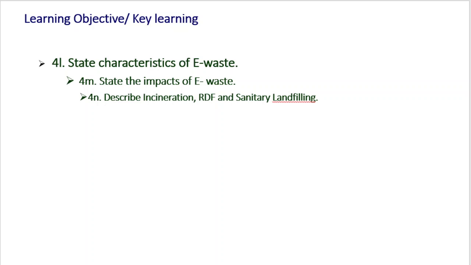Impact in the sense means how e-waste is impacting our environment and our ecosystem, and how the bad effects arise because of e-waste. We are going to see this in this lecture. And the next one is to describe incineration, RDF, and sanitary landfill. Those are the techniques to dispose of e-waste.